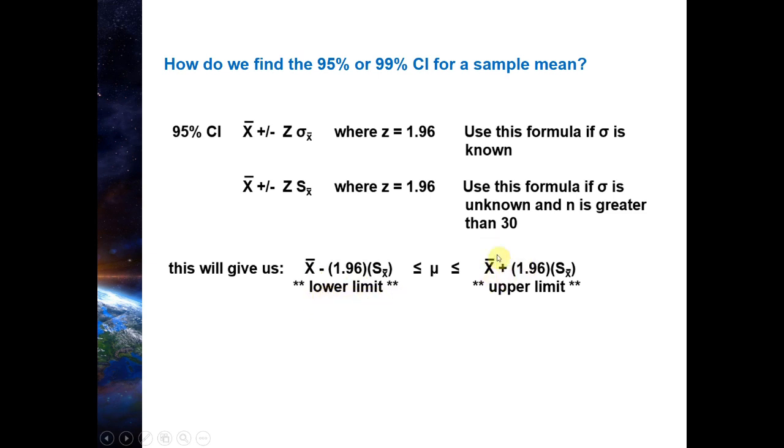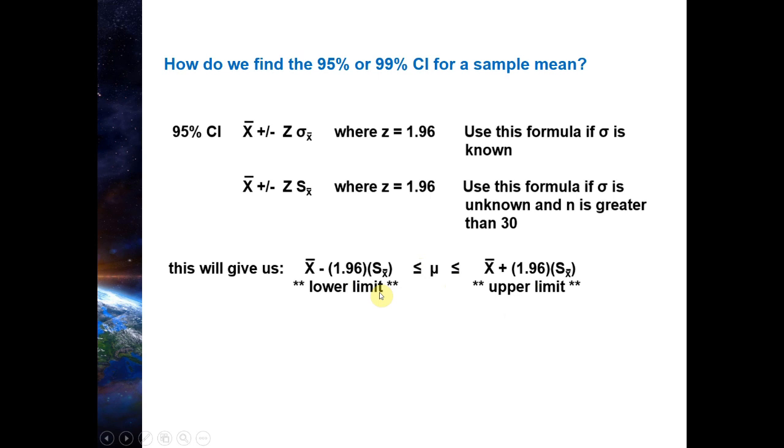Then we take the mean and add this number, 1.96 times the estimate of the standard error of the mean, and that gives us our upper limit. And then we just write it this way. We say that mu is somewhere between the lower limit and the upper limit.